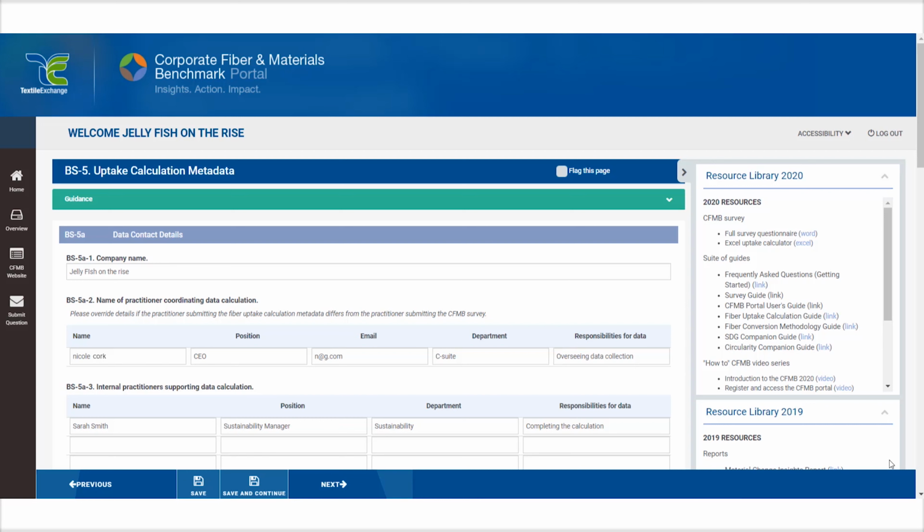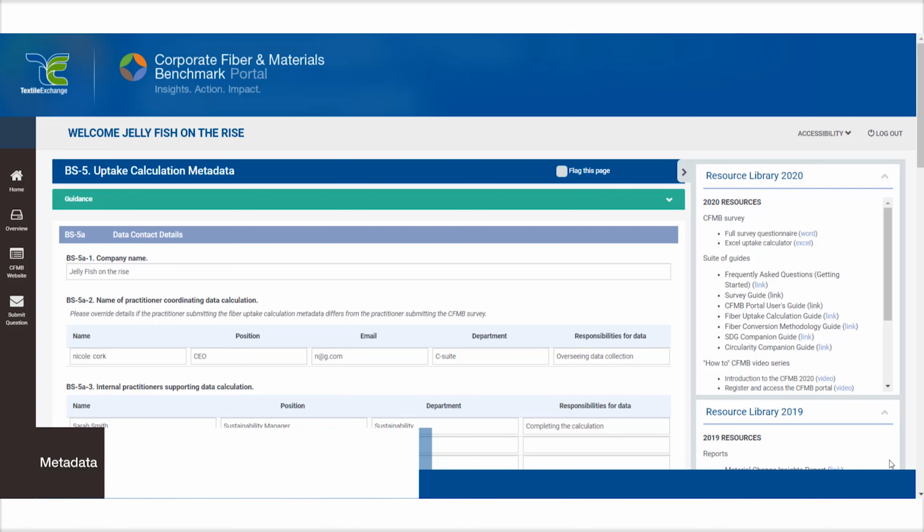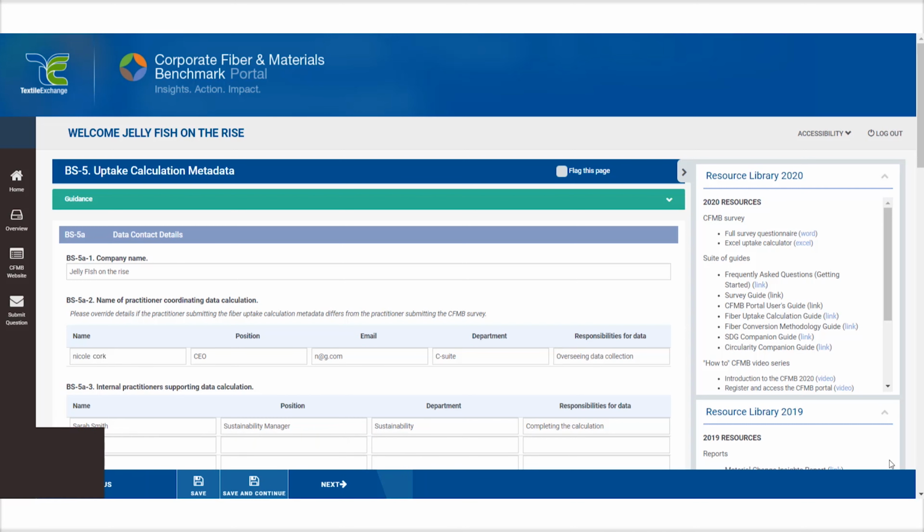The last page of the Materials Balance Sheet section is called the metadata form. Metadata means data about data, and this form is intended to provide an overview of how uptake calculations were completed. This gives Textile Exchange increased visibility into uptake calculations so we can validate if your company's reporting methodology is consistent year on year.